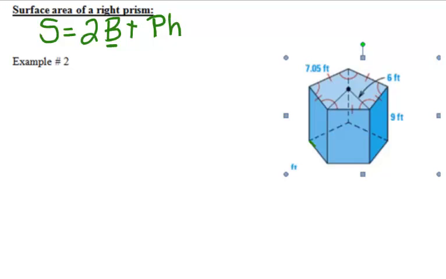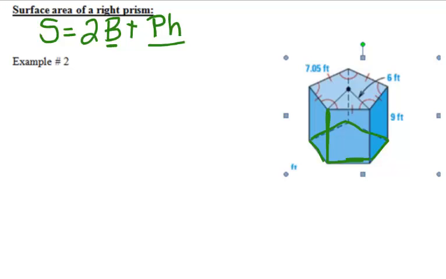Perimeter is that distance around one base. That gives me the perimeter around the figure. And then if I multiply by the height, this piece right here, that's going to give me all of the lateral faces right there. Perimeter times height is the lateral faces.